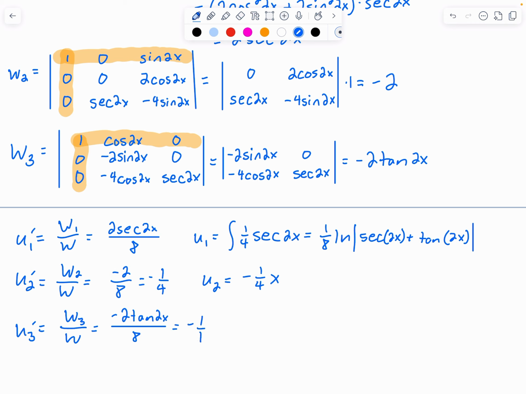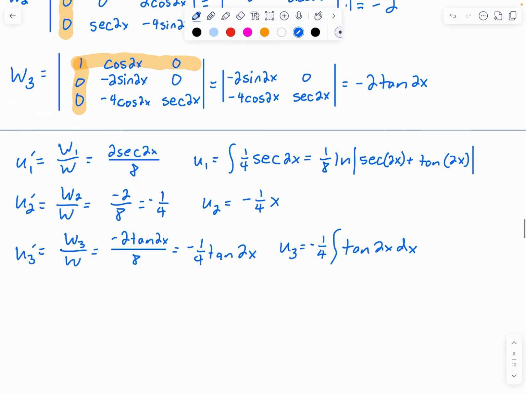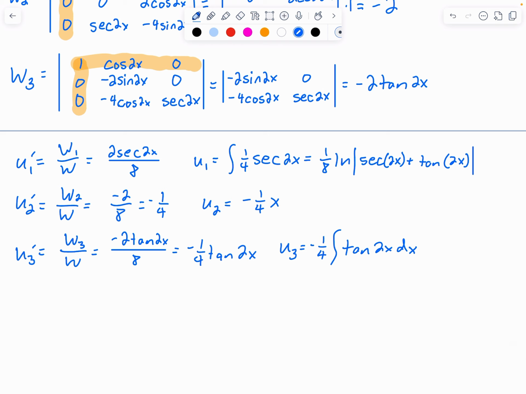That's negative 1/4 tangent 2x. So u3 then will be negative 1/4 of the integral of tangent 2x dx. This is another one we've done today. You do sine over cosine, do a u-sub at the bottom, and it will introduce a half as well. So this is going to give us negative 1/8 ln of cosine of 2x.